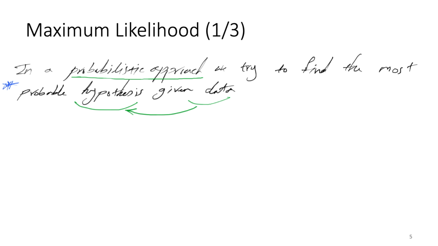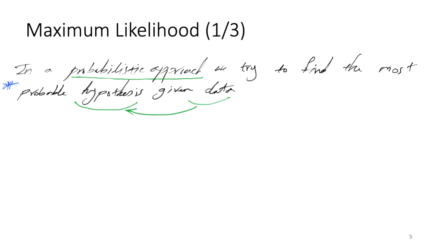In a probabilistic model, such as logistic regression, we try to find the most probable hypothesis given our data, right? Given the data, we are trying to come up with the most probable hypothesis. But if we define it in terms of likelihood, it's exactly vice versa. How likely is it to find the data from the hypothesis?